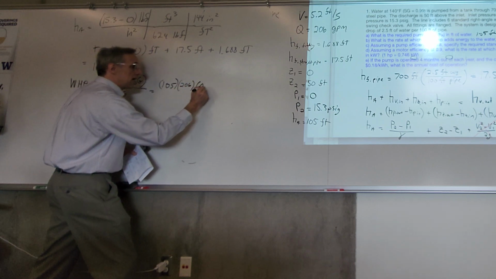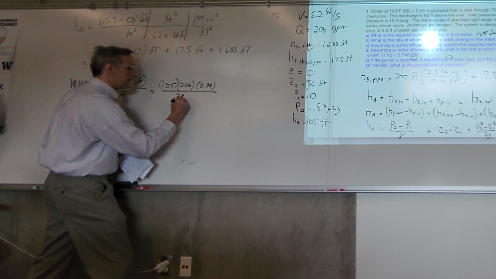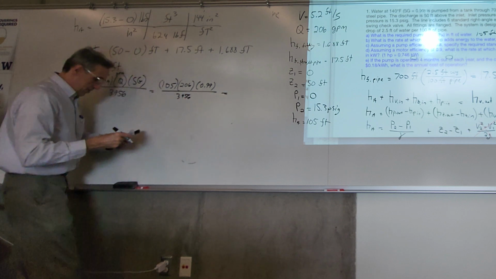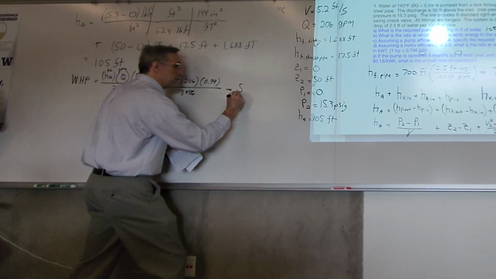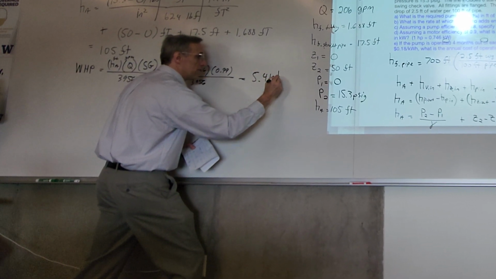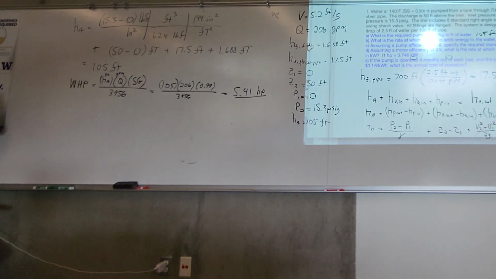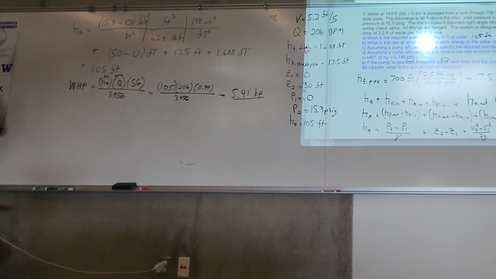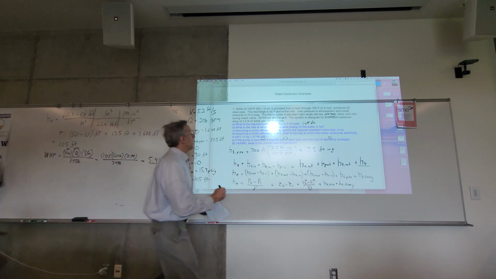And then 0.99 for specific gravity over 3956, and we find that we've got a pump that's going to add energy to that water at the rate of 5.41 horsepower. Okay. So water horsepower, comparable to air horsepower when dealing with air. And then our brake horsepower, so 5.41.